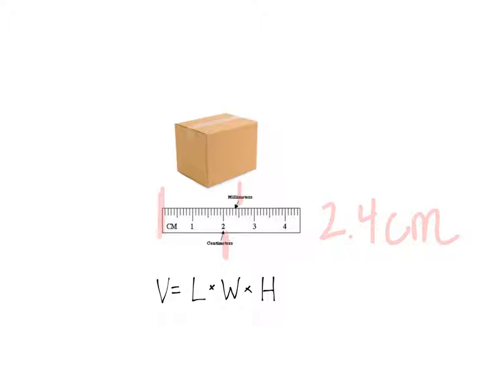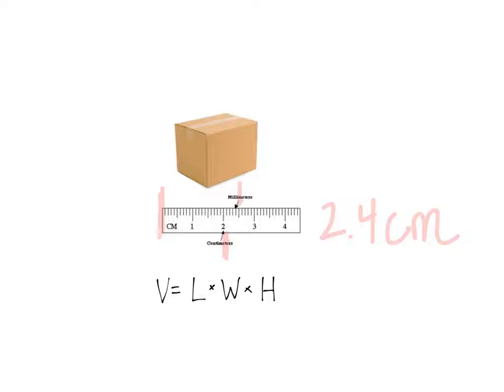Okay? That is how we would measure on a metric ruler. And then we would just plug that in. So if that was our length, we would just plug in 2.4 centimeters to our length, whatever our width was, times whatever our height is. And we just multiply those 3 numbers together. And that is how we would figure out our volume.